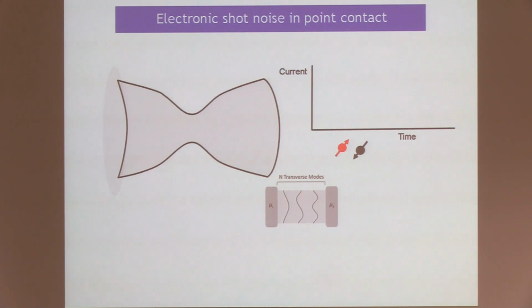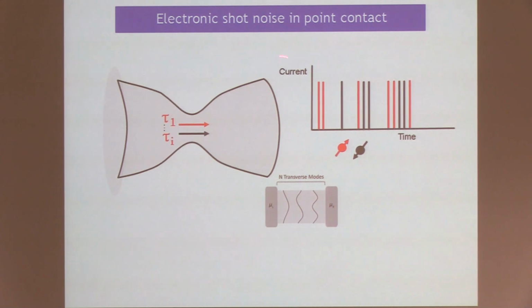If you zoom in on the current in a constriction, red marks an up electron and another marks a down electron, and you find sometimes an electron is present and sometimes it is not. This is the current if you zoom in, and this noise is called shot noise. If you increase the current magnitude, the shot noise is also proportional to the current magnitude.